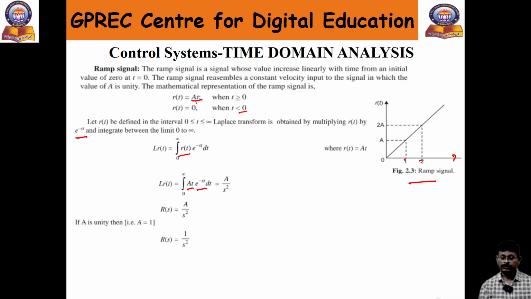So the result is A by s square. Clear? Whatever the value of A may be, as it is a constant it comes outside, so R of s equals A by s square. For a step input, R of s is A by s, and for the ramp input it is A by s square. This is the representation of the ramp input.